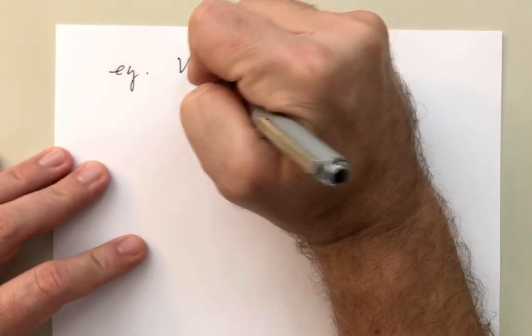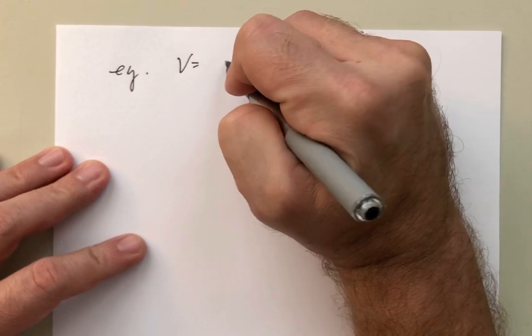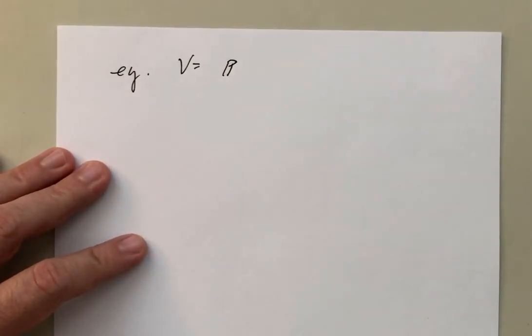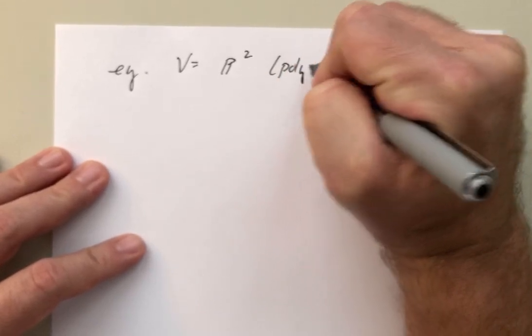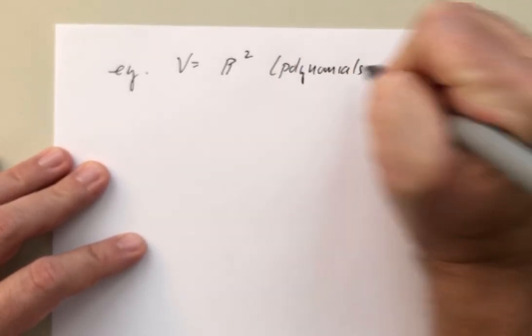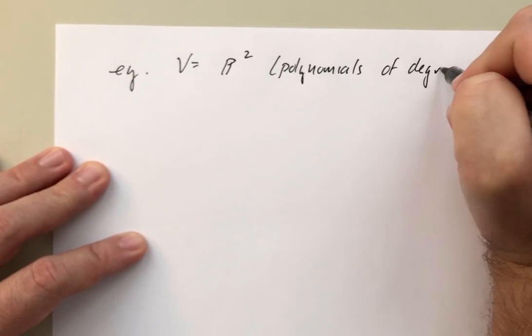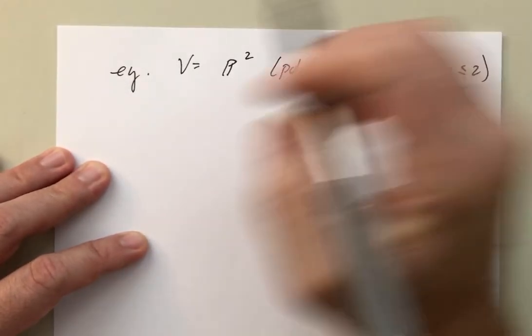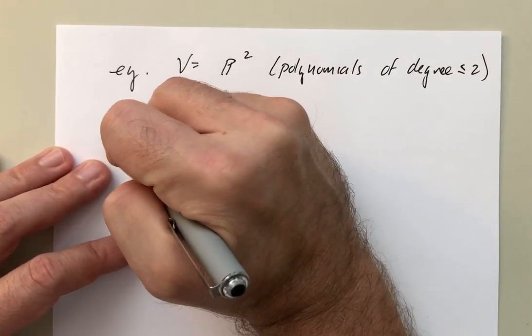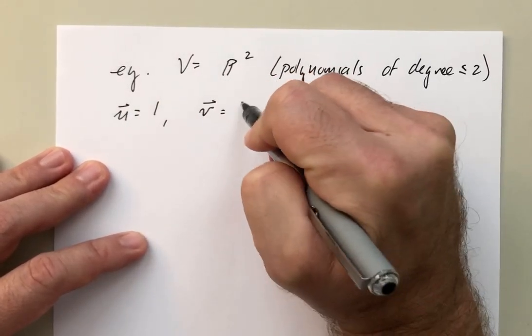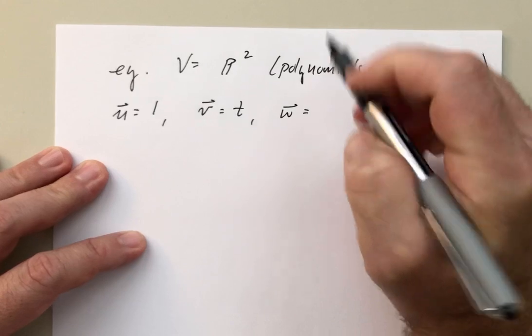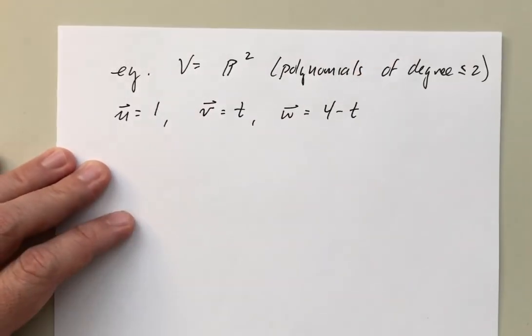And let me give an example in this more general context. So let's take V to be my favorite kind of example here. Let's take P2, which is polynomials of degree at most 2. And let me take vector u to be just 1, vector v to be, let's say, t, and vector w to be 4 minus t.